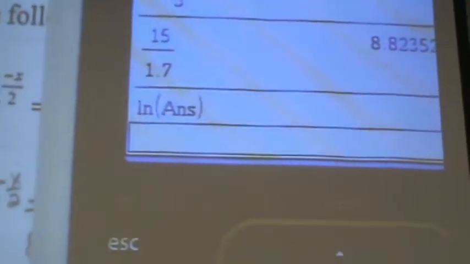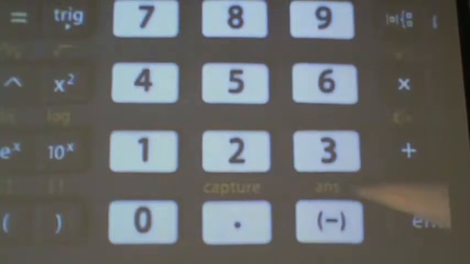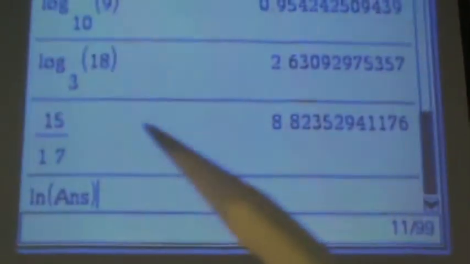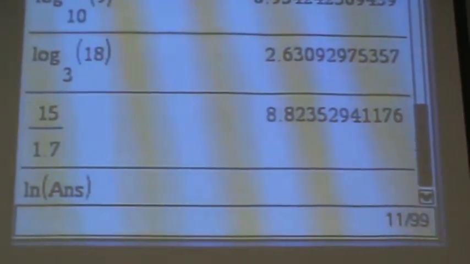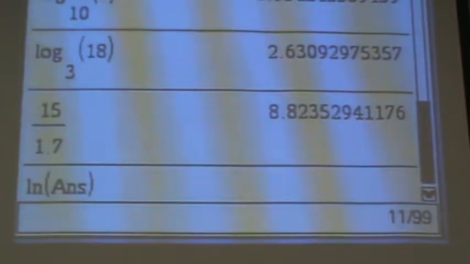Where's the answer? Does everyone know where it's at? Here's the answer, right there. So you don't have to round. This is going to give you your most accurate answer. After you type in 15 divided by 1.7, leave that answer right in there. Don't get rid of that. ln of the answer, hit enter.